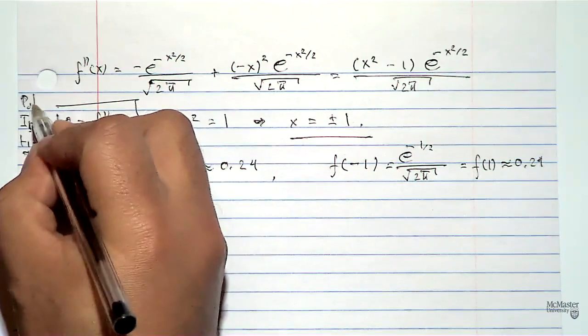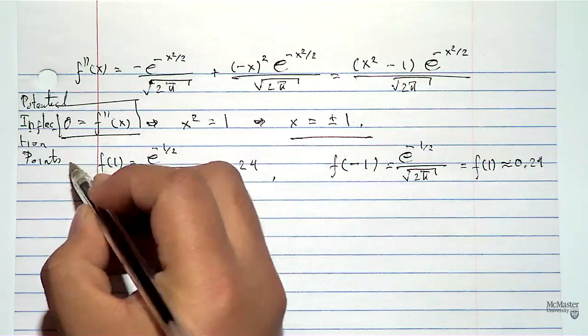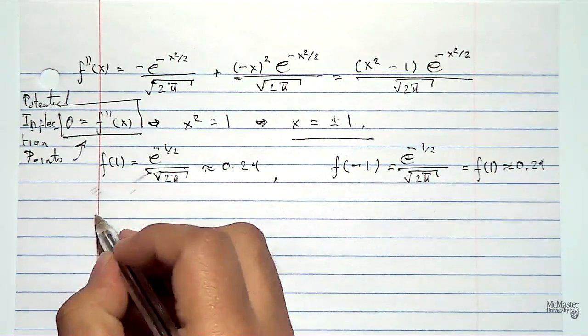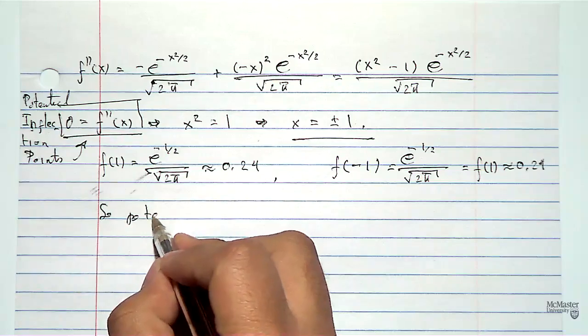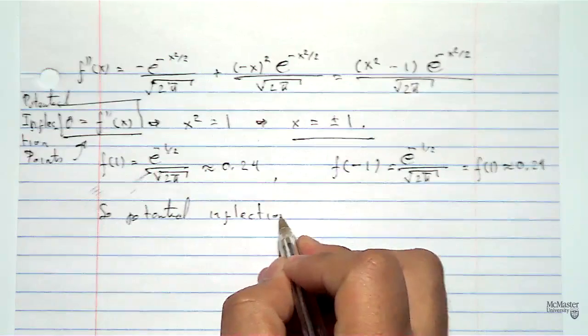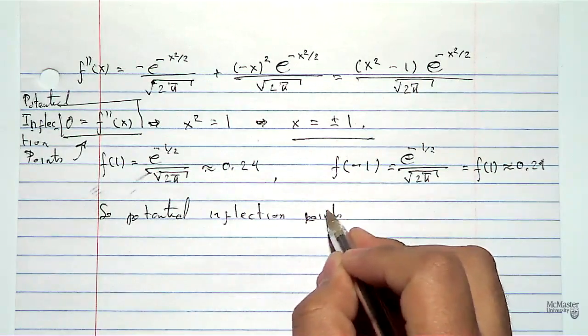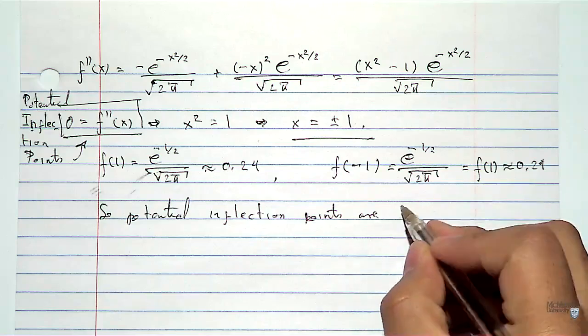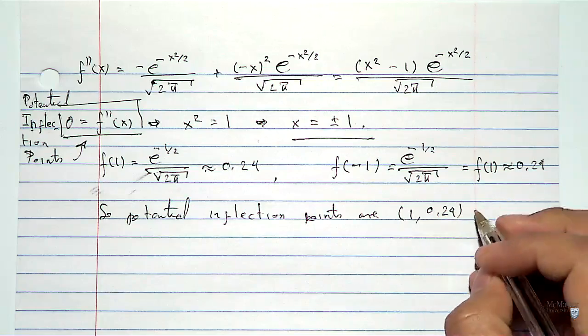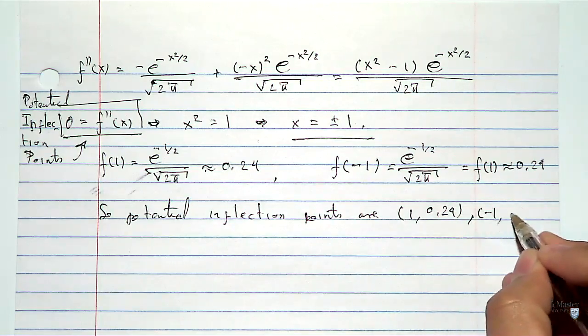So let's say potential inflection points over here with this condition. Potential inflection points are either the point 1 with 0.24 as y coordinate, or minus 1 with the same y coordinate.